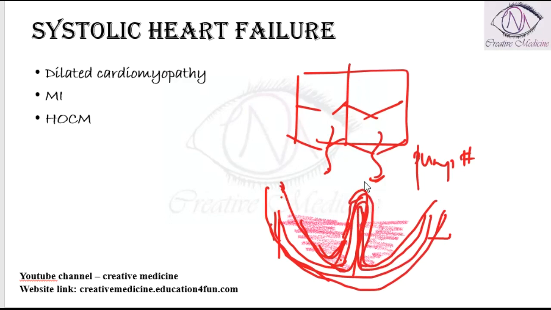Sometimes when the heart is trying to push the blood out into the aorta, this hypertrophied septum will act like a valve, and both will come together and obstruct the outflow tract. So this causes obstruction in the outflow tract, thus resulting in systolic failure.